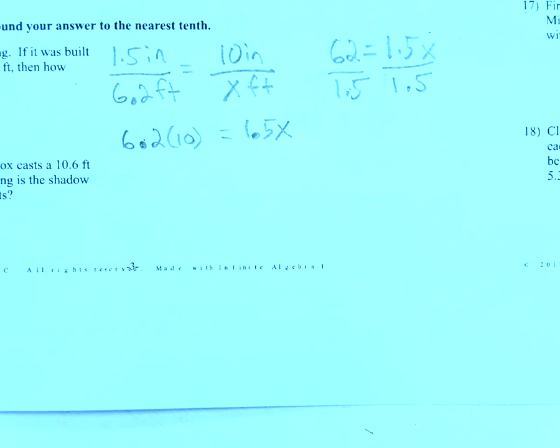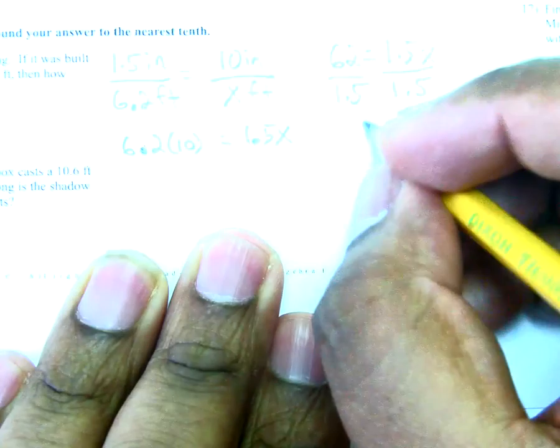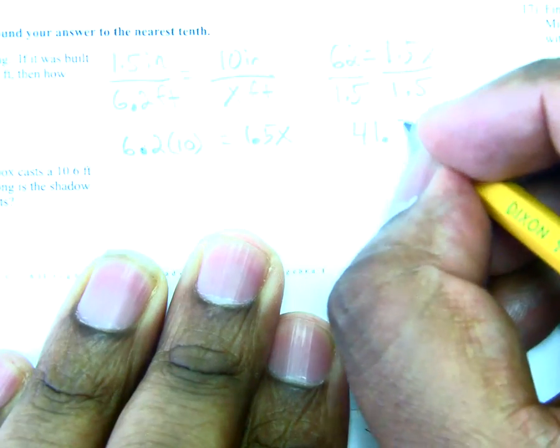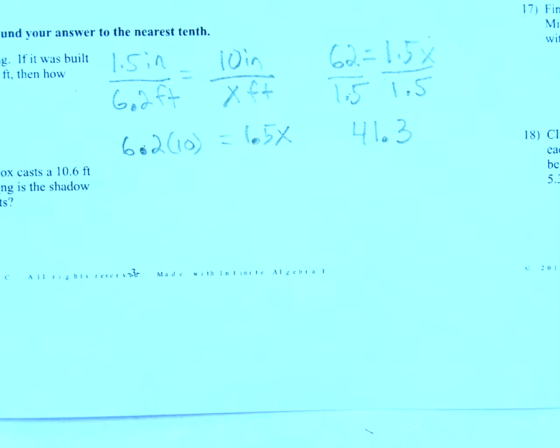And that's going to get us 41.333. And since we rounded to the nearest tenth, it'll be 41.3. Okay, let's take a look at our next example.